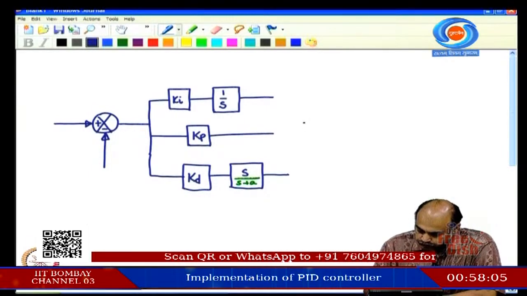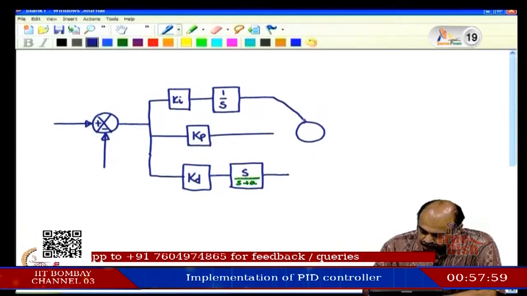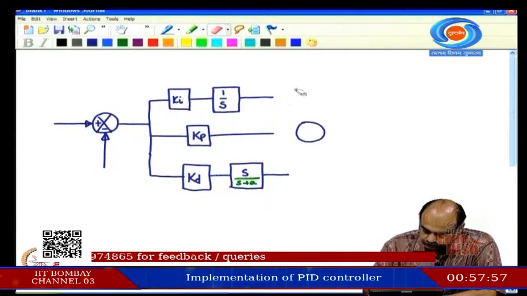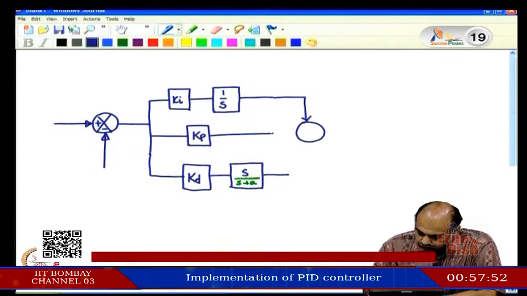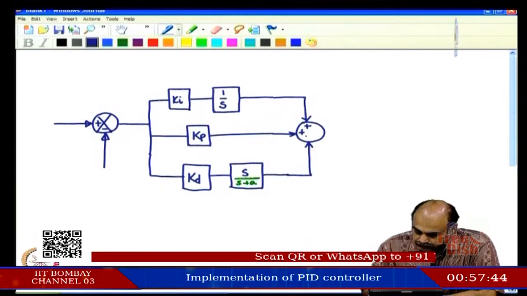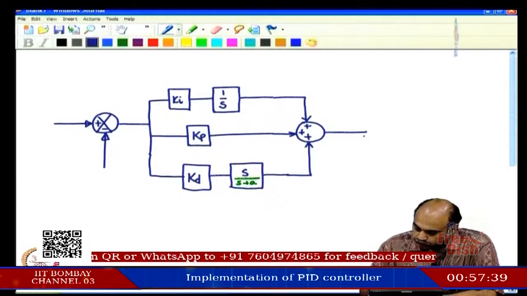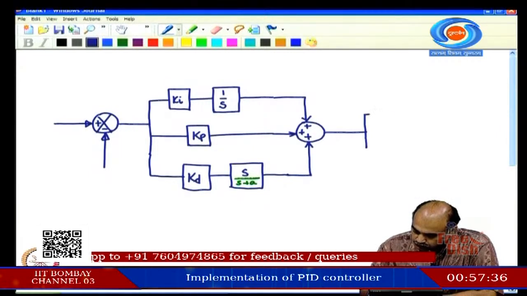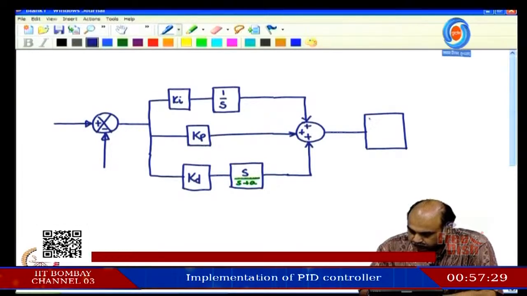And all these outputs are added up in this fashion. Plus, plus and plus, and the output of this goes to the pulse width modulator.